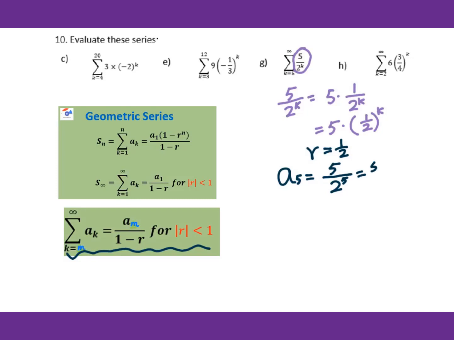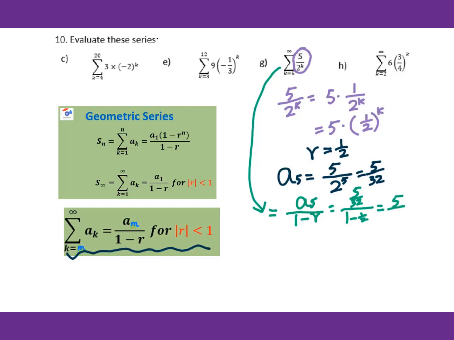That is 5 over 32. Therefore, this summation equals a sub 5 over 1 minus r. So we get 5 over 32 over 1 minus 1/2. You will get 5 over 16.